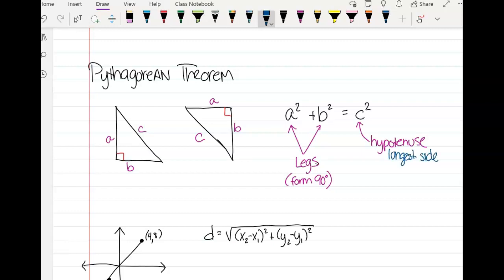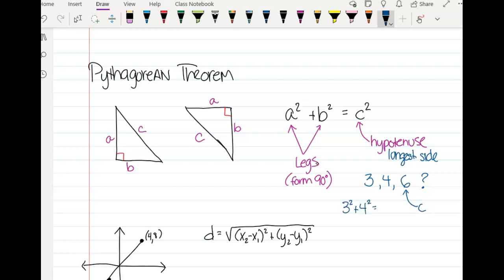And so what it's saying is that if we have a potential right triangle, if I said, does 3, 4, and 6 make a right triangle? Well, this side is the biggest side, so if it is a right triangle, that would be our C value, okay? So that means we're going to test out the theory.